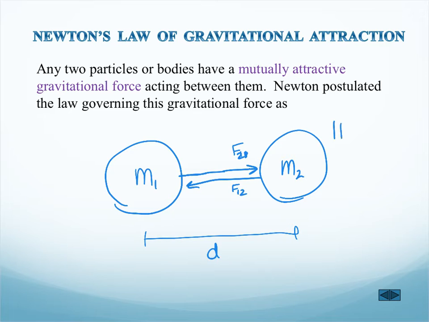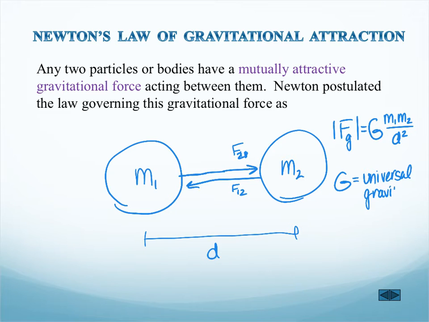And so the magnitude of this force of gravity that exists between the two objects is expressed as big G times m1 m2 over d squared, where G is the universal gravitational constant, and it's equal to 6.67 times 10 to the minus 11.